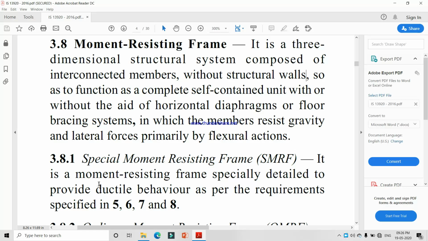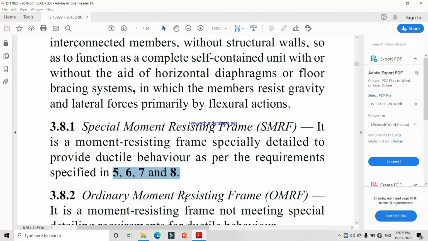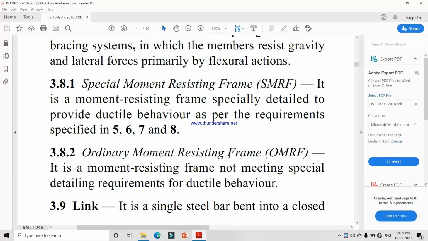This is a special type of resisting frame system with more ductility, which we can analyze in the next part. This is the ordinary moment resisting frame. This is a normal building. In this building we do not provide any kind of ductile detailing for earthquake resistant structure.